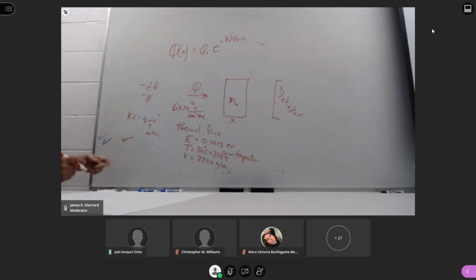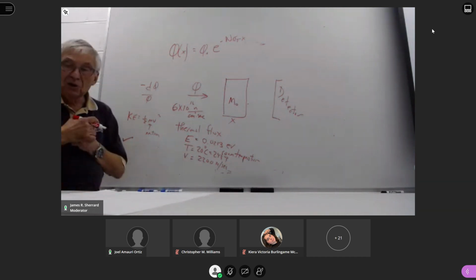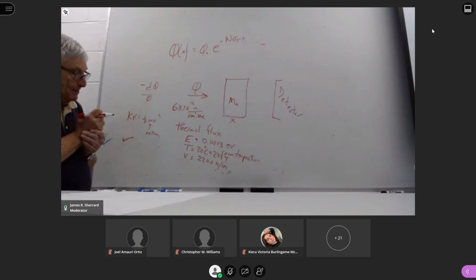That's 20 degrees Celsius, and then to make it absolute, we add 273 degrees.